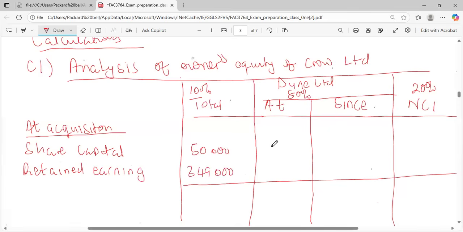So here what I'm going to have on 80% of 50 is going to be 40 here. Then here, how much are we going to have here? 80% of 349 is 279,200.